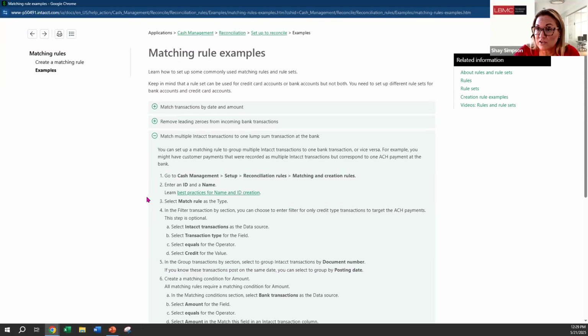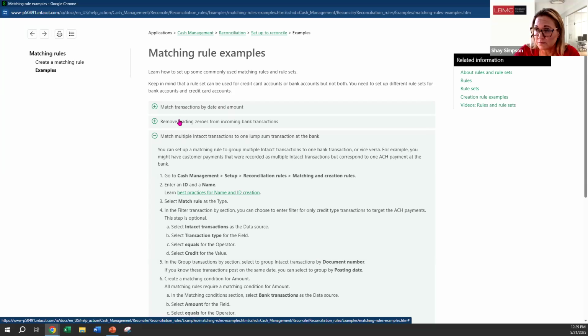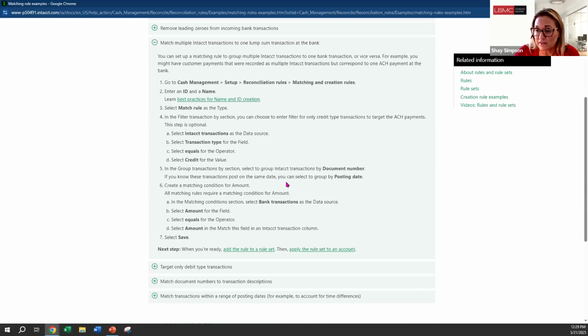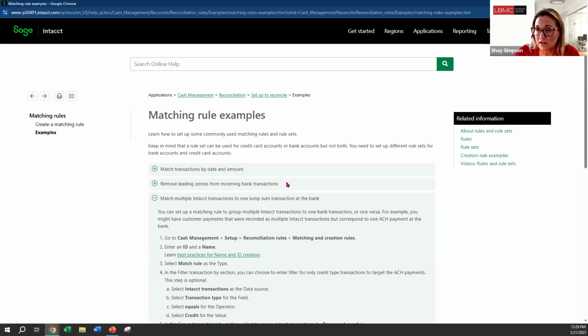You can actually go in and start adding a lot of these matching rules yourself. That's one thing that I absolutely love, the fact that they give really good examples of some of the main ones that you would normally set up.